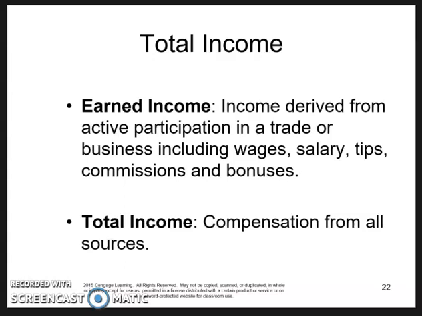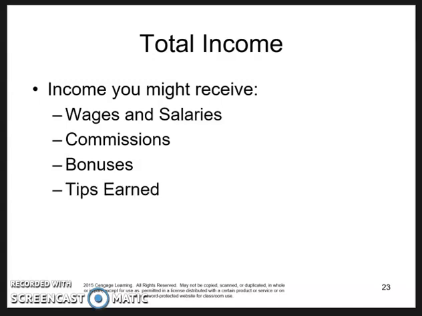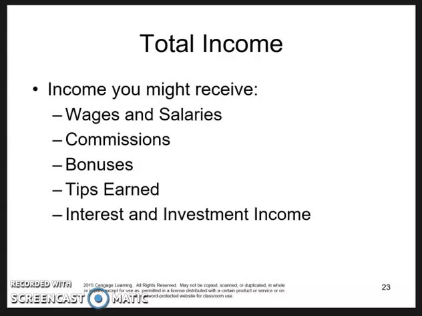But total income includes compensation from all sources. That can be income from investments and so forth, any other potential taxable items that might arise here. Income you might receive: wages and salaries, commissions, bonuses, tips earned, interest and investment income, retirement income.